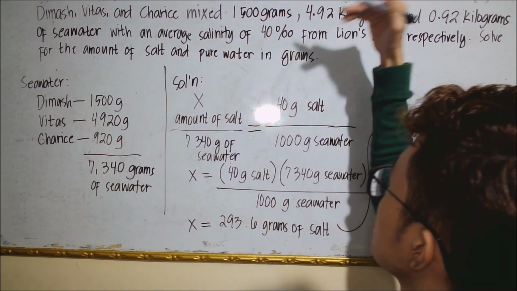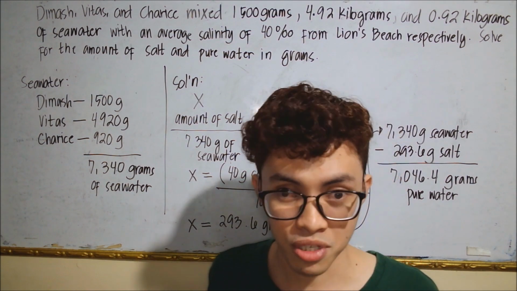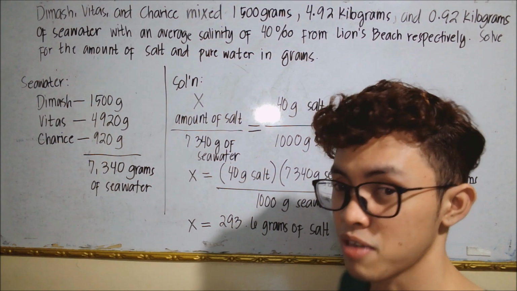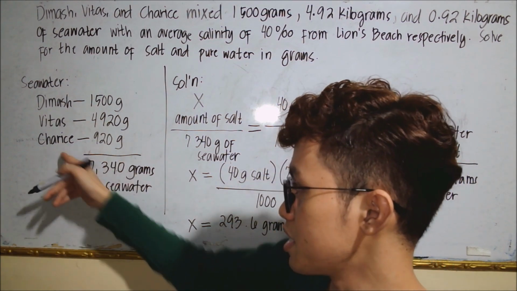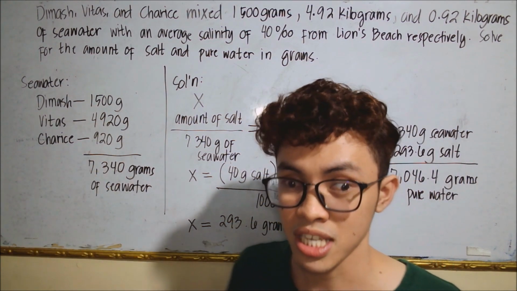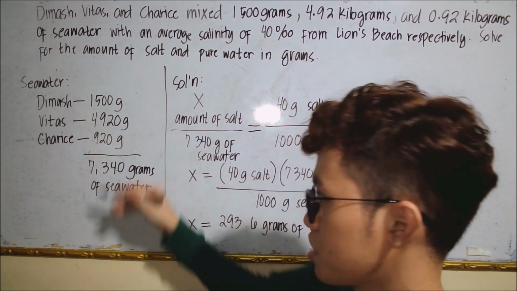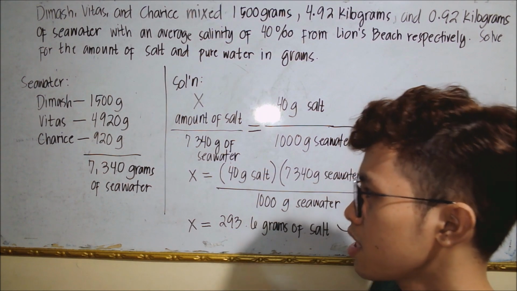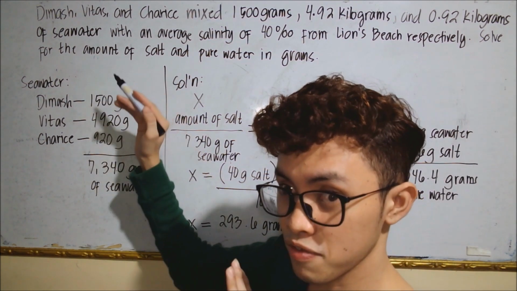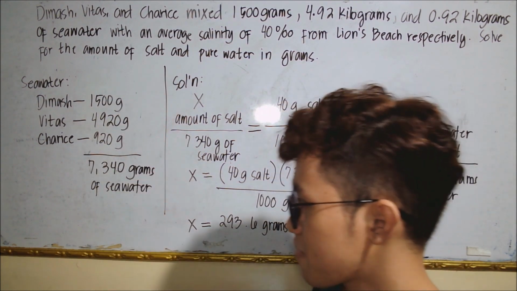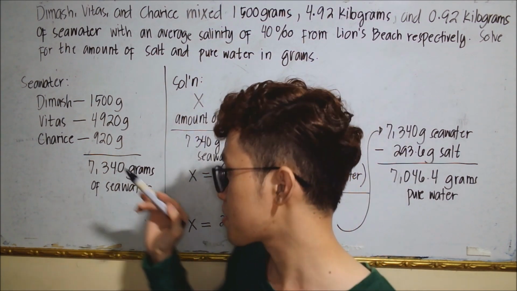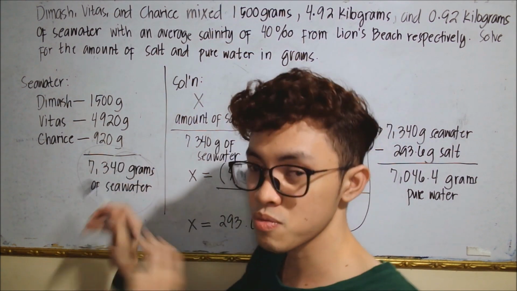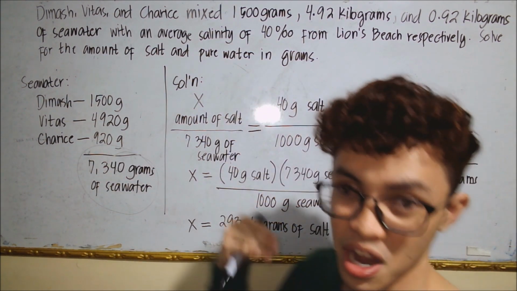That's from 4.92 kilograms, converted into grams. You just multiply by 1,000 and you'll get this value, 4,920 grams. And then Cherise got 920 grams of seawater. You just add the amount of the seawater, so you'll get 7,340 grams of seawater.